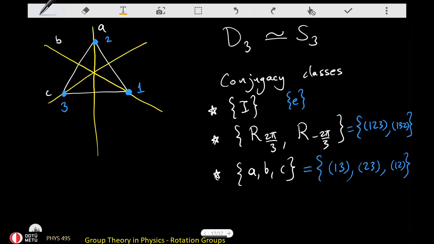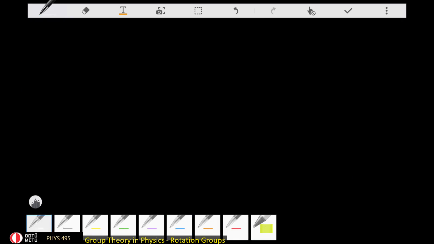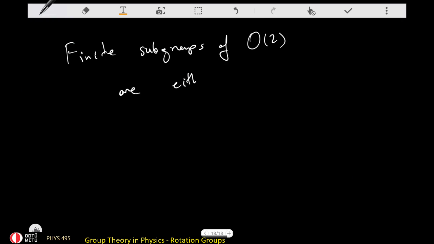Let's just remember that finite subgroups of, let's say, O2 are basically either the cyclic group, which is abelian, so it has known representations, all one-dimensional, or the dihedral group. So these are groups that we meet a lot, and we are seeing something about their structure in here.